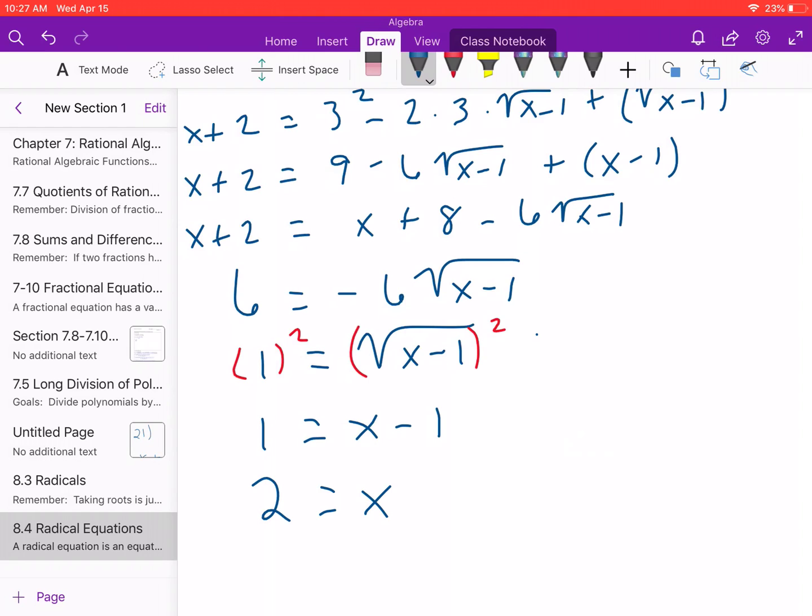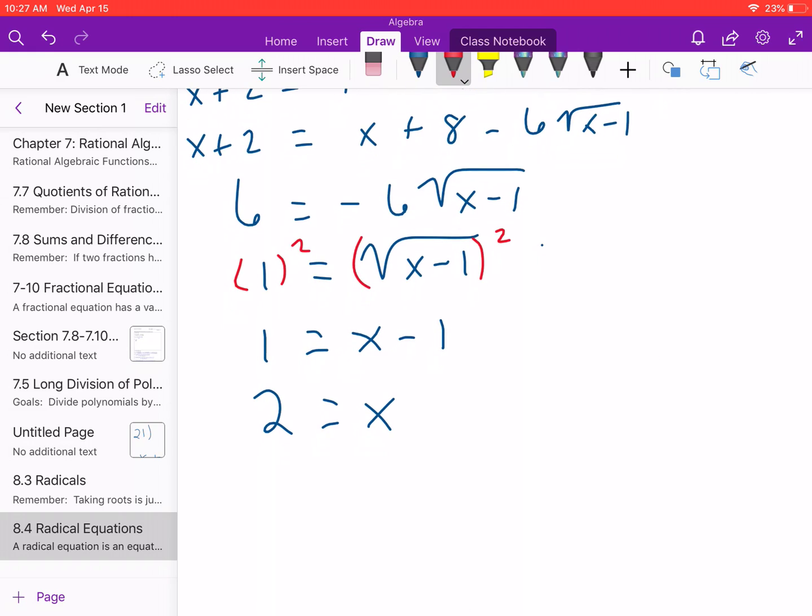And when I go ahead and do my check step, I will plug in a 2 into the original equation, and the original equation was the square root of x plus 2 plus the square root of x minus 1 is equal to 3.